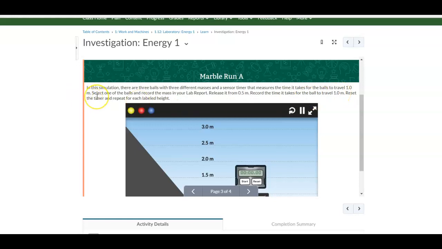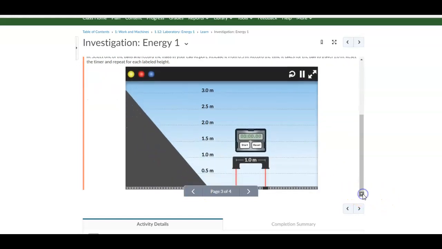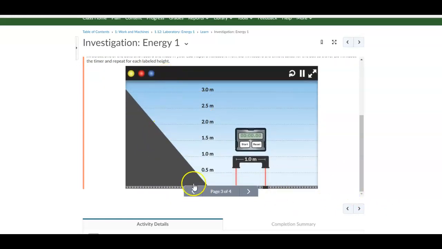So you'll select one of the balls and record the mass in your lab report. Release from 0.5 meters and then record the time it takes for the ball to travel. Reset it and then repeat for each labeled height. So I have to scroll up so you can see. This is a little bit bigger screen here.